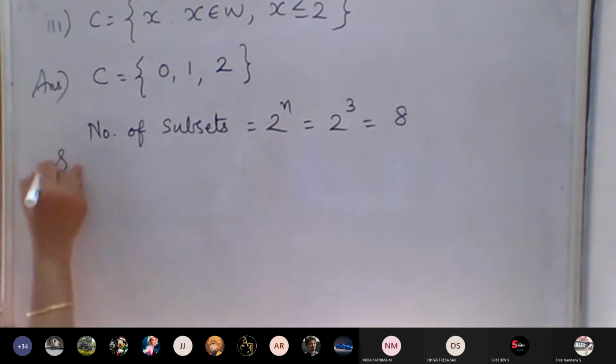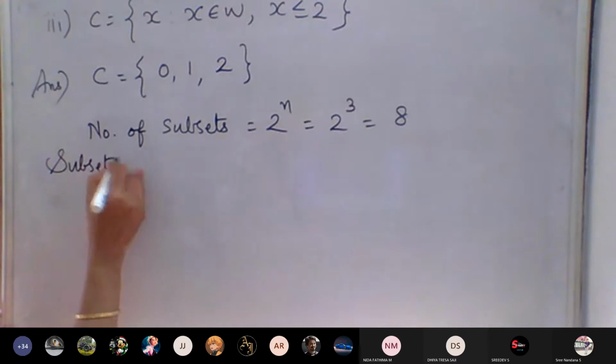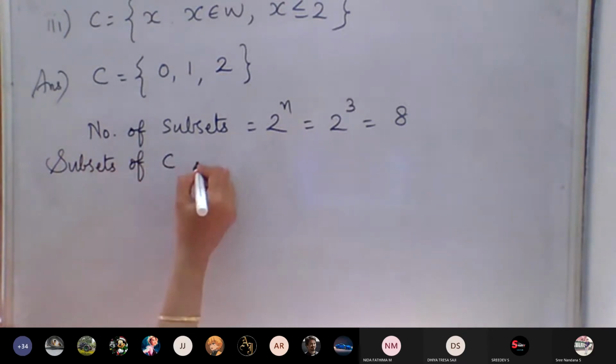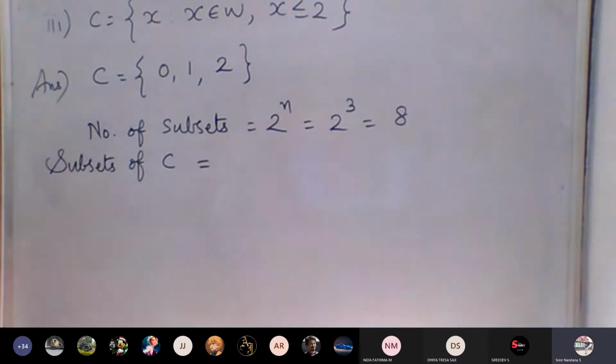Then subsets of C. C is equal to {0, 1, 2}.